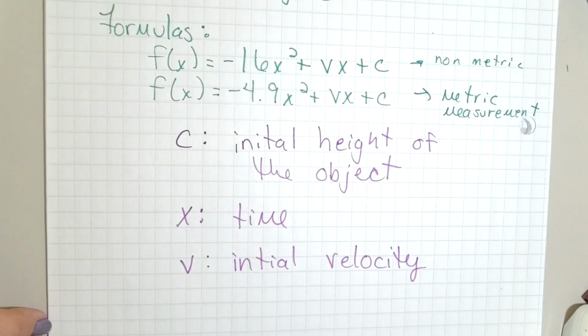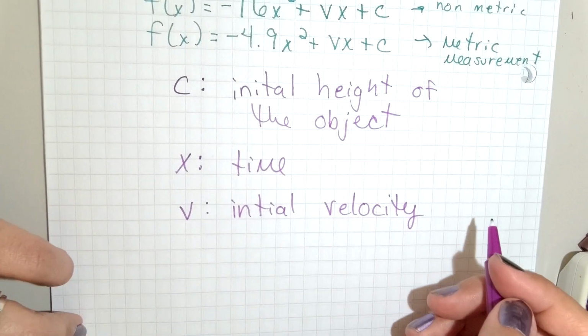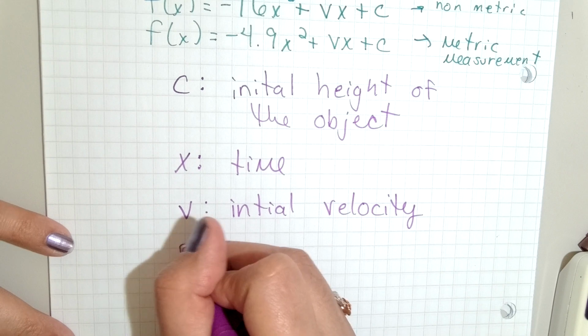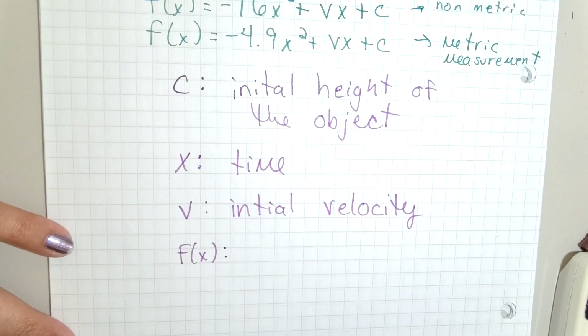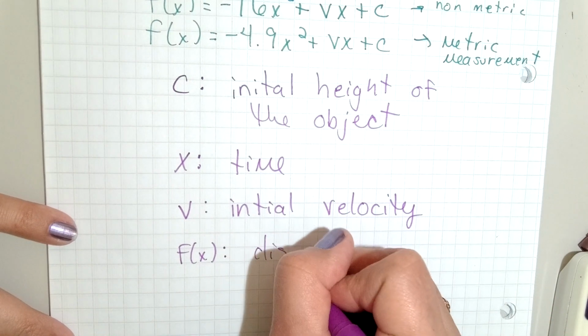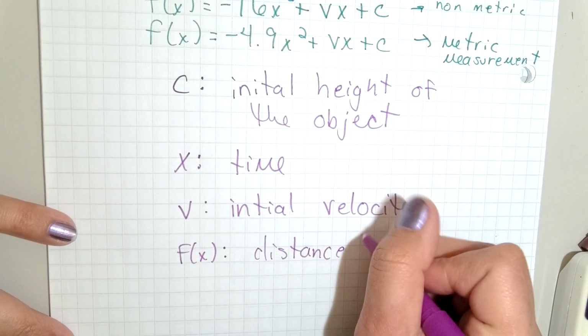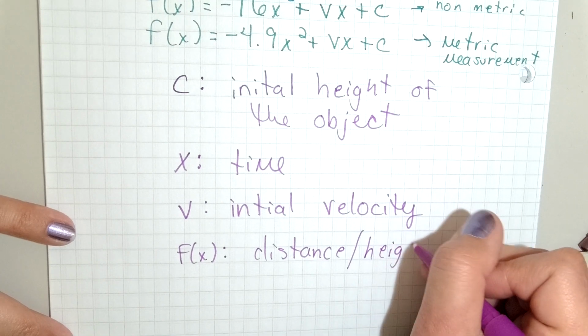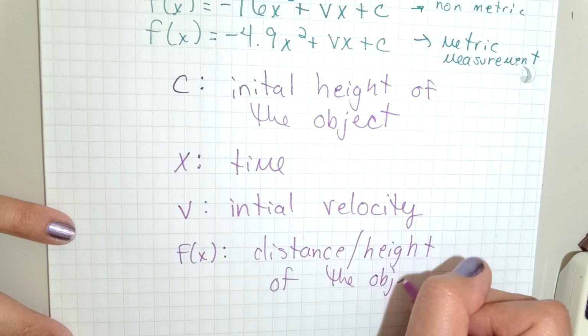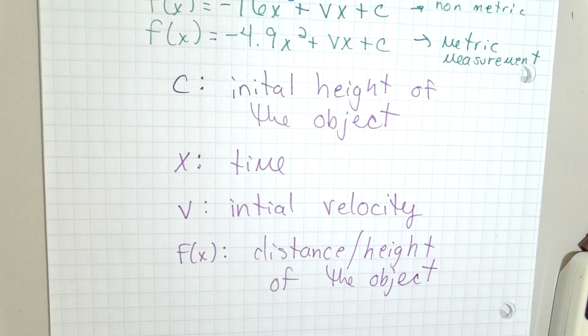For those of you who weren't here yesterday, make sure you watch the video and copy down the notes on the left side of the board. And f of x, or whatever we use to describe f of x, is the distance or height of the object. Am I going too fast? If I am, please stop me.